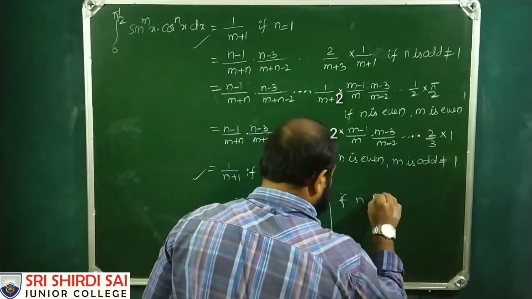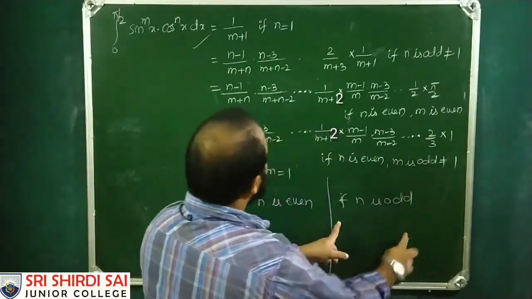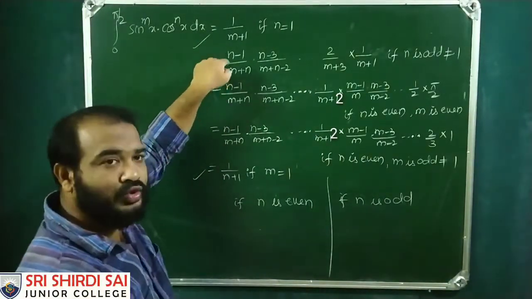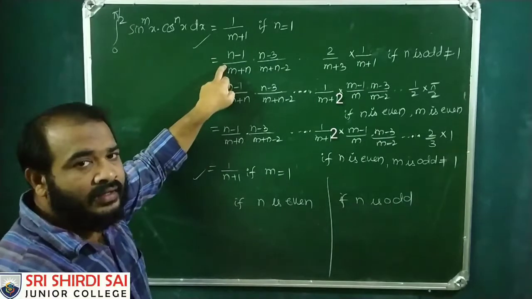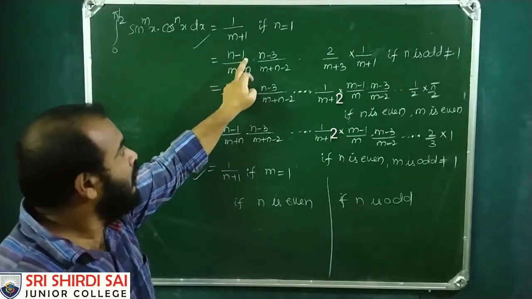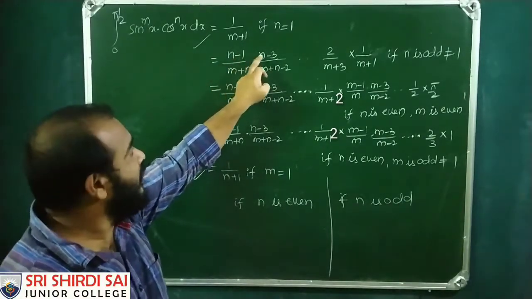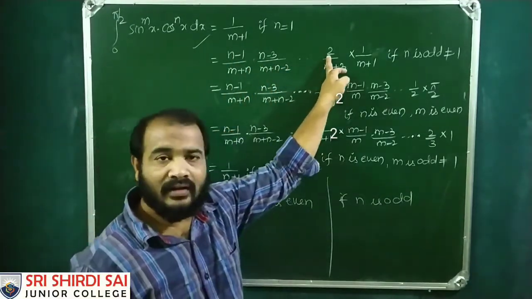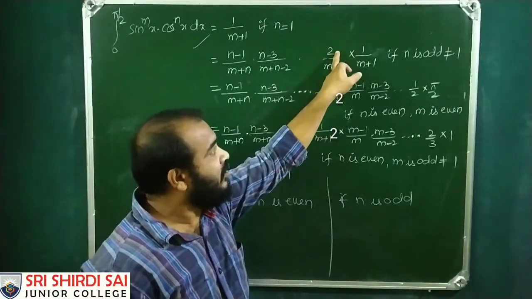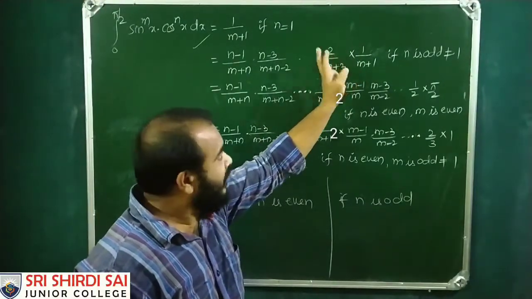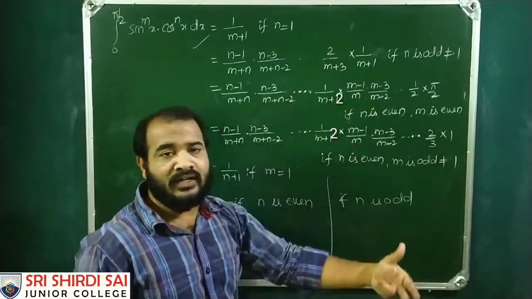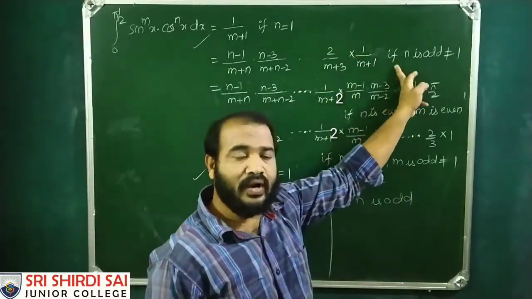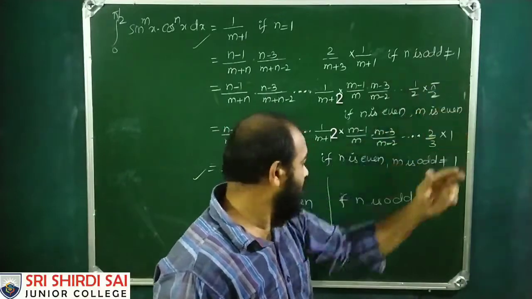If n is odd, then n minus 1 by n is the very first thing to remember, and we need to reduce the successive factors by 2 on both the numerator as well as the denominator until the numerator gets either 2 or 1. And then, if further reduction is not possible, 1 by n plus 1 is what we have to write if n is odd.